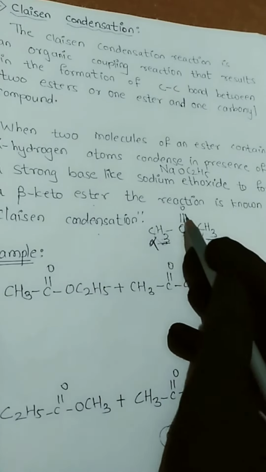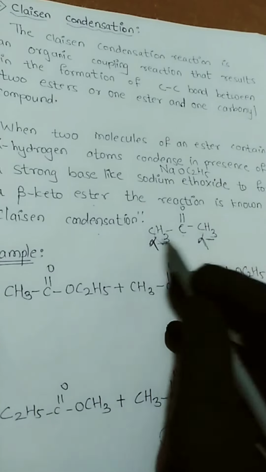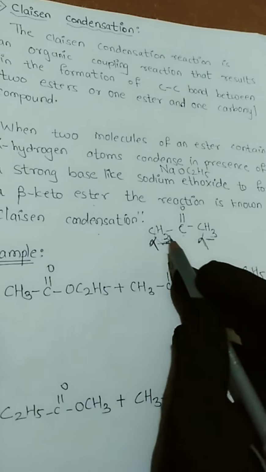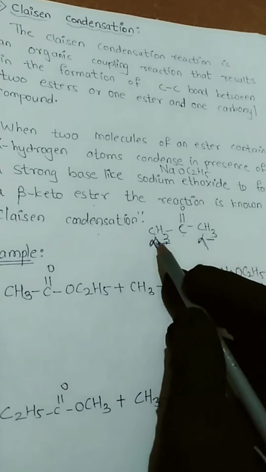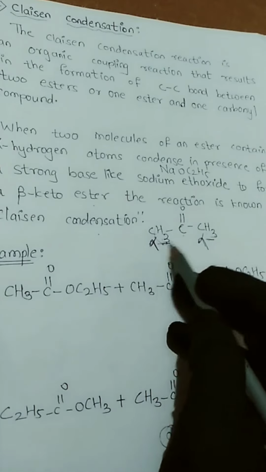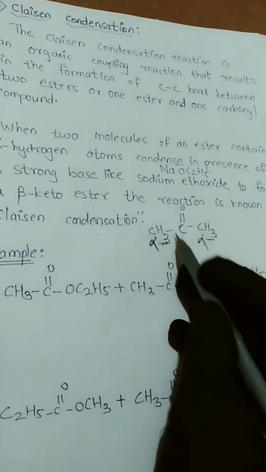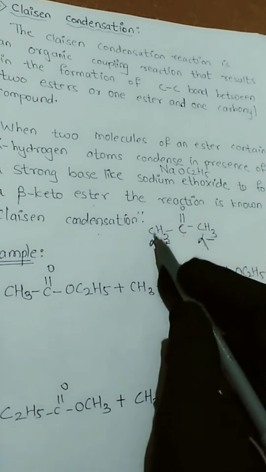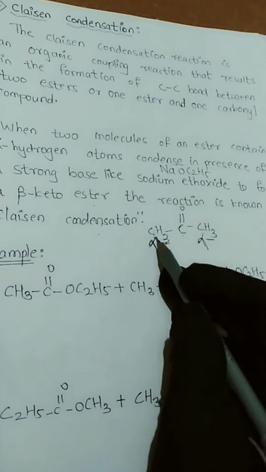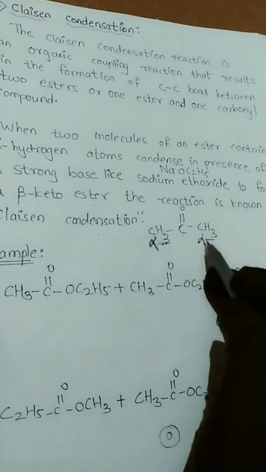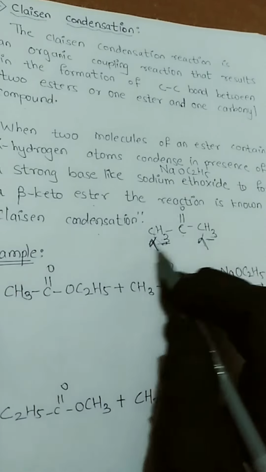Here you can see that there is a carbonyl and two methyl groups. So which carbon is called the alpha carbon? The carbon which is next to the carbonyl carbon is called the alpha carbon. So here you can see that there are two alpha carbons.